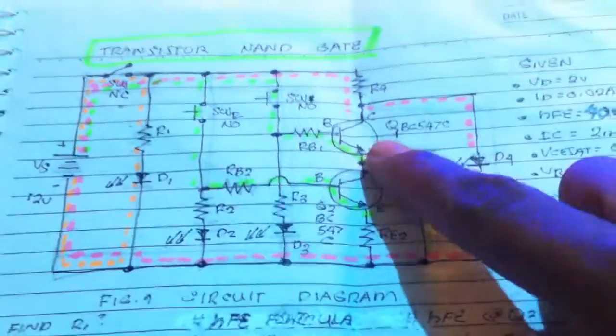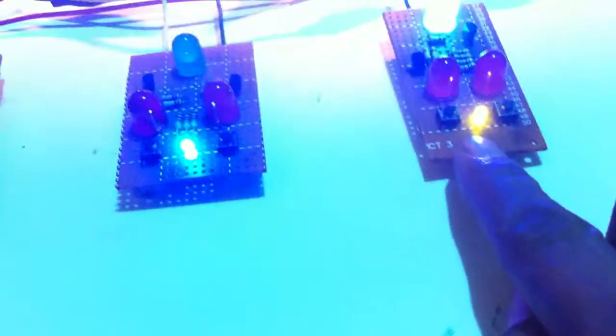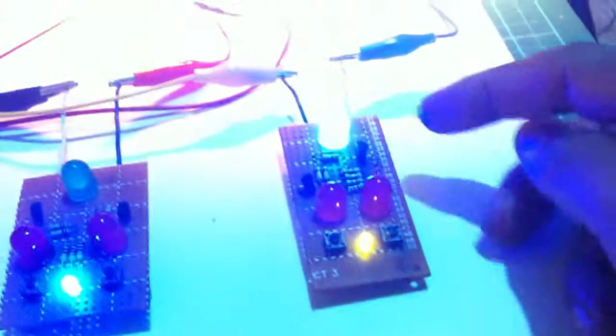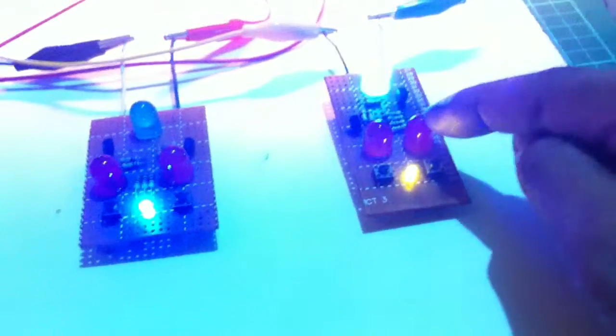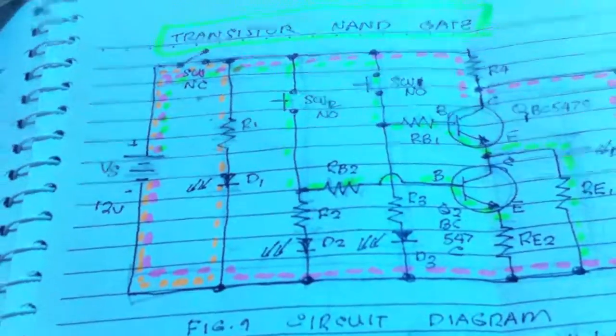So this is a transistor NAND gate using the same transistor configuration, and we have here a yellow LED for power on, a blue LED as input LED for the switch, and this is the circuit diagram.